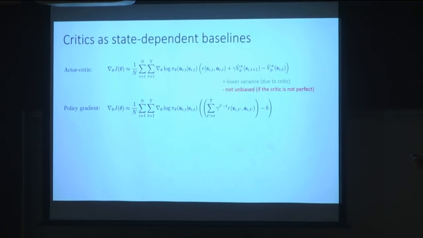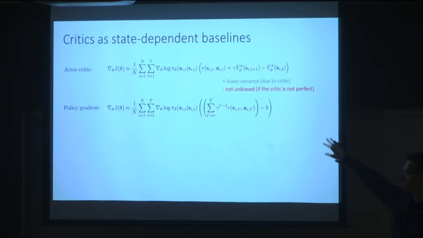The problem with this actor-critic gradient estimator is that it's not unbiased anymore, because your critic is not going to be, in general, perfectly correct. Any function approximator is going to be wrong, and if your critic is wrong, then in expectation, this thing is no longer equal to the policy gradient. We might still prefer that, because you might prefer a biased but lower variance estimator over an unbiased but higher variance estimator. But the fact that it's not unbiased can cause trouble.